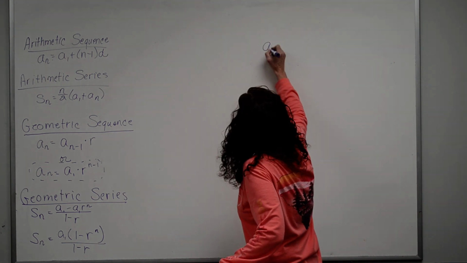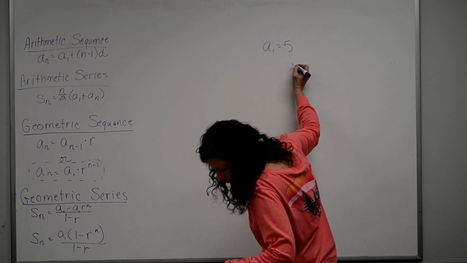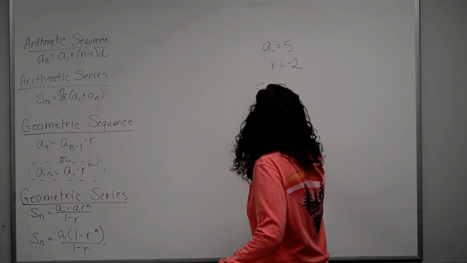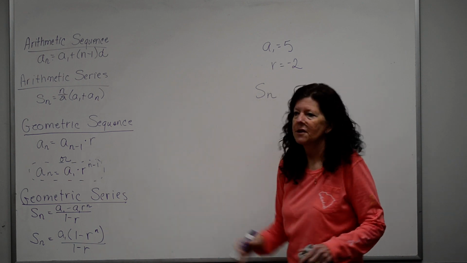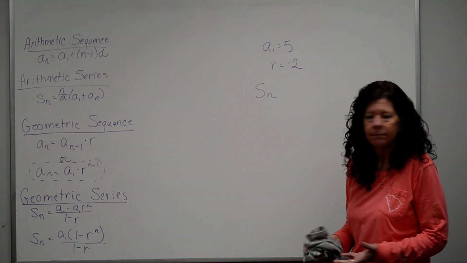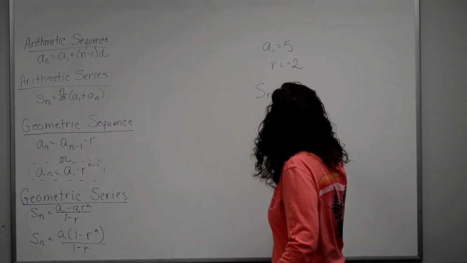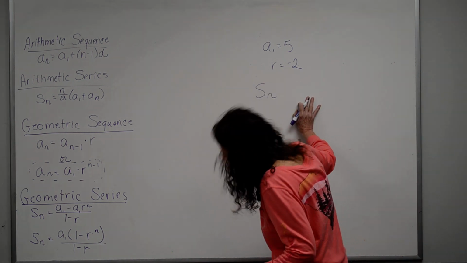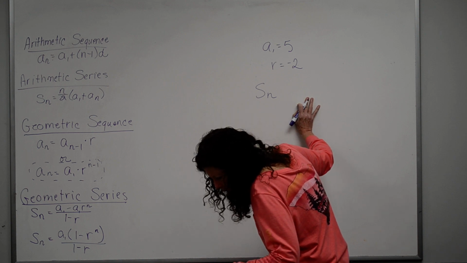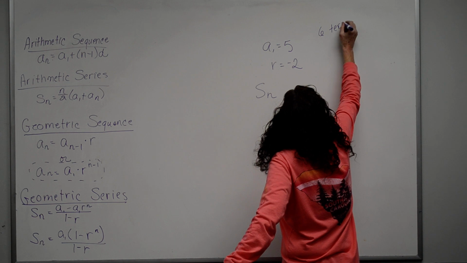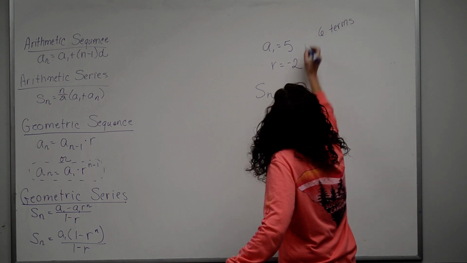All right, so looking at this, let's say a sub 1 is equal to 5, and r equals negative 2, and you want to know the sum of the series. It's just a matter of plugging in. It says the first 6 terms, so that's going to be my n.